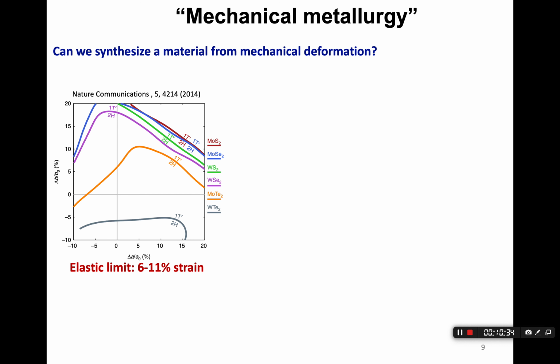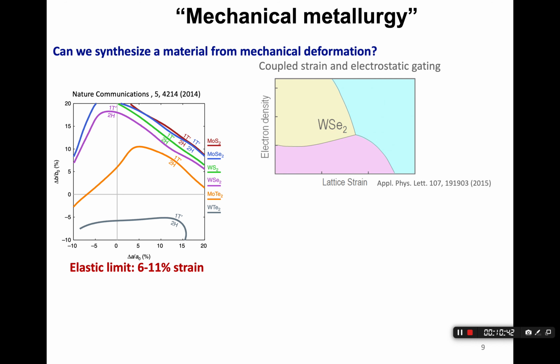So this inspired me to think about creating some kind of collaboration between different state variables, right? How about if we couple the strain with electrostatic gating? So this is a phase diagram. I didn't show the numbers here yet, but from the trend of different colors, the purple is basically the 2H phase, while the yellow and the blue are the different 1T prime and 1T double prime phases.